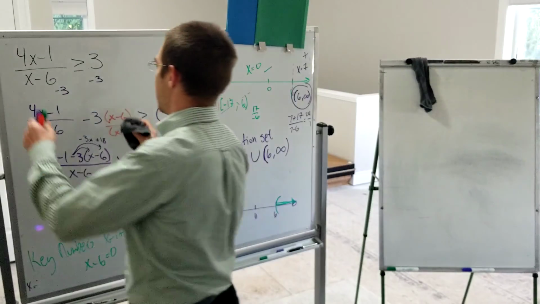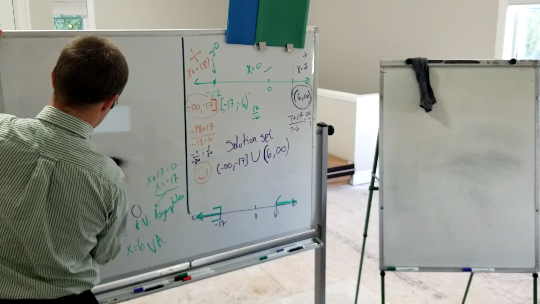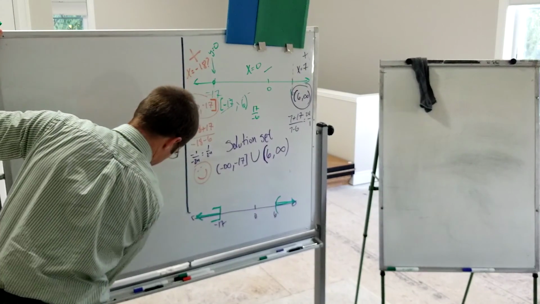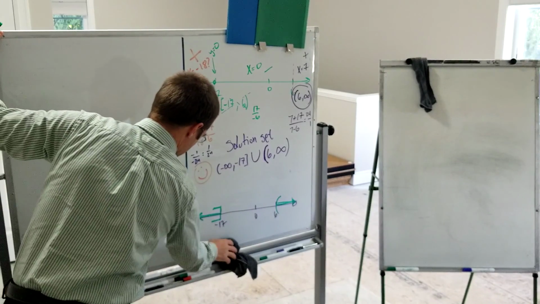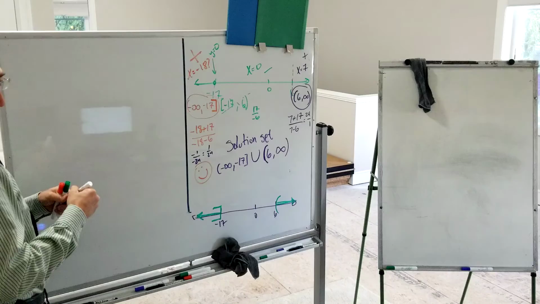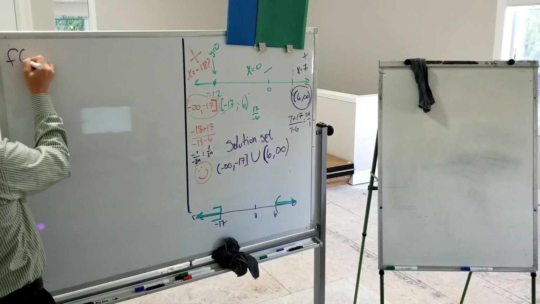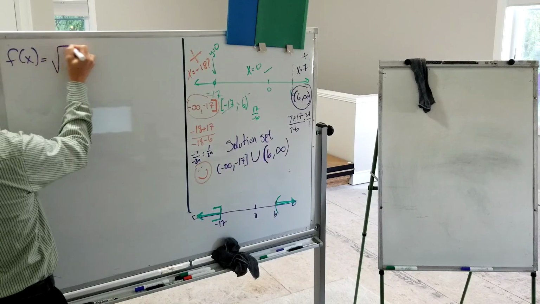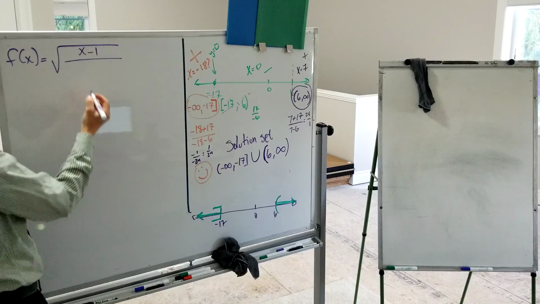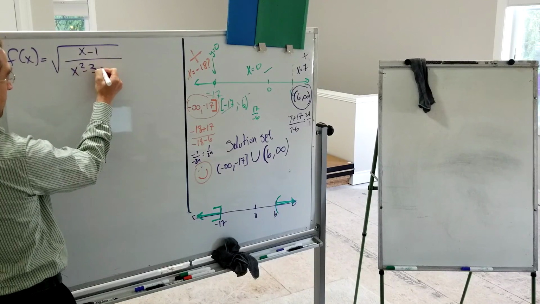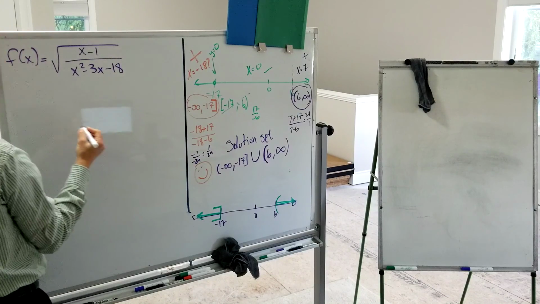So let's do one more. Let's say we have f of x equals the square root of x minus 1 divided by x squared minus 3x minus 18.